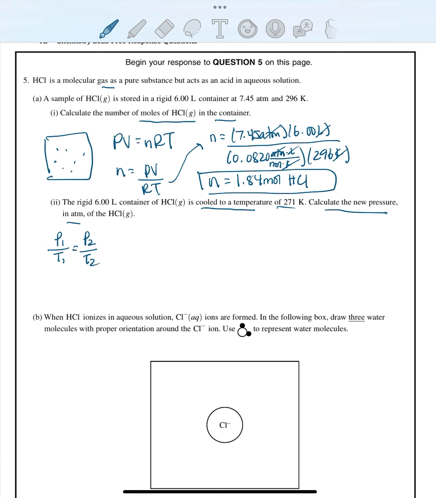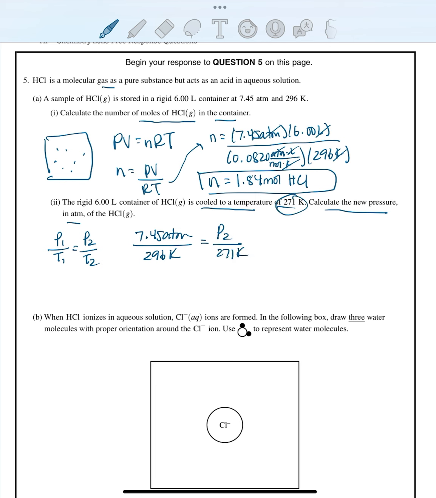So I know P1 is my 7.45. That's the atmospheric pressure I had in the original scenario. And the T1 was the 296 Kelvin from my original scenario as well. I am being asked to calculate P2, the new pressure, when I've cooled down the temperature to 271 Kelvin.